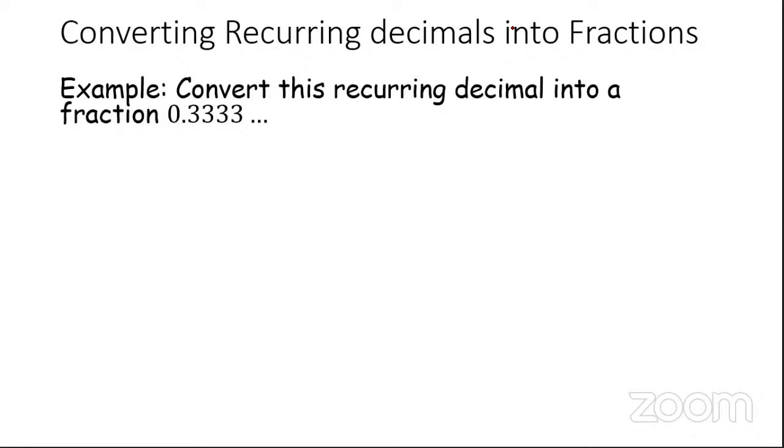Yes, Laura? We shall first define, we say, let the recurring decimal be A. Then we shall say A is equal to 0.3333 recurring, as equation 1.